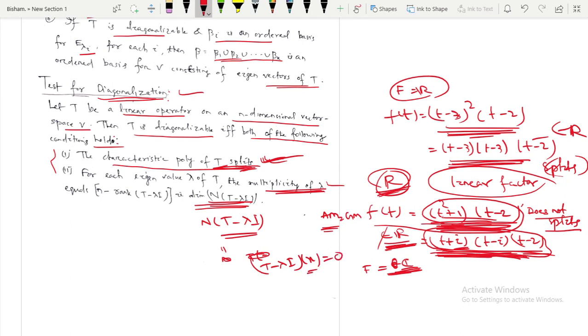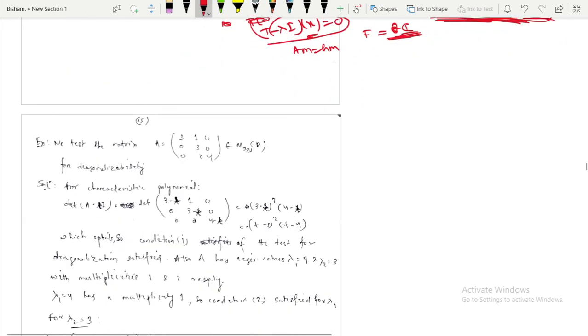Whatever x we get, these are the eigenvectors, and the dimension means the number of linearly independent vectors associated with this. So algebraic multiplicity equals geometric multiplicity. If these two conditions hold, then a linear transformation t is said to be diagonalizable.